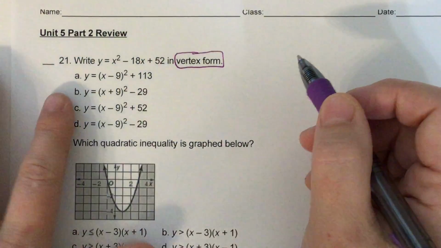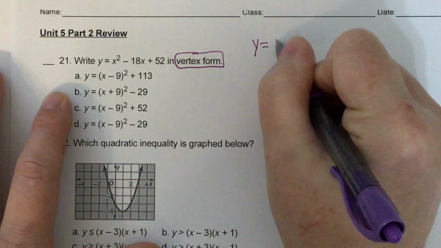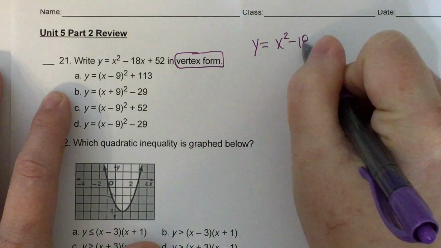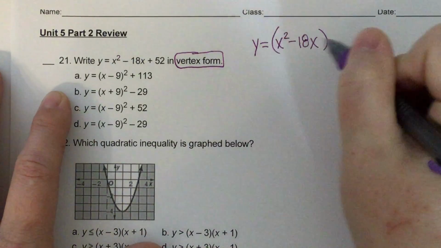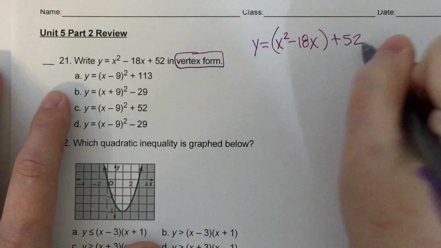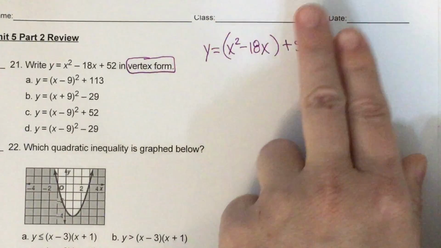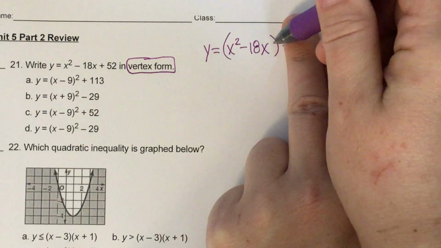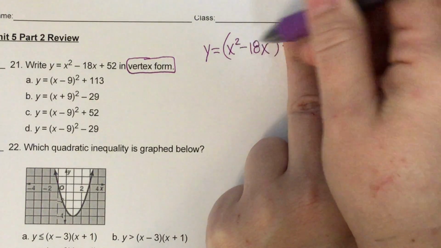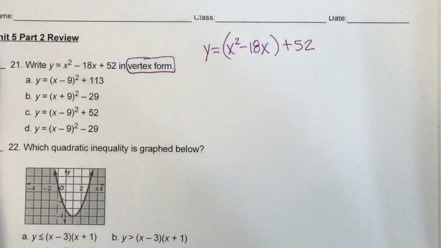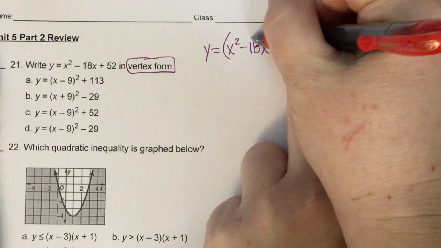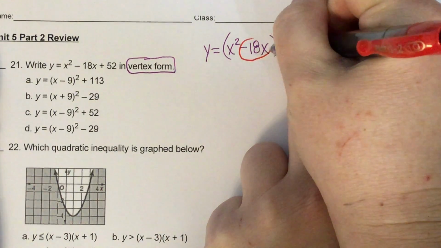One way of doing it is to use completing the square. That is when you're going to separate the constant from the other 2 terms. And then you're going to try to figure out what number to put here, so this is a perfect square trinomial. Okay, so what is half of negative 18?